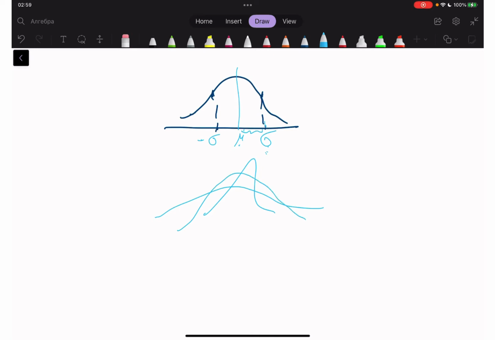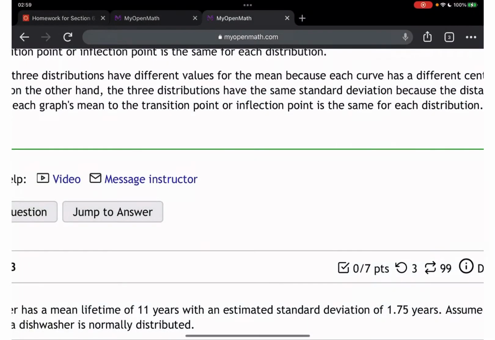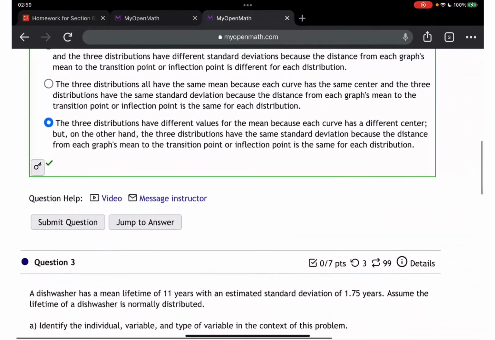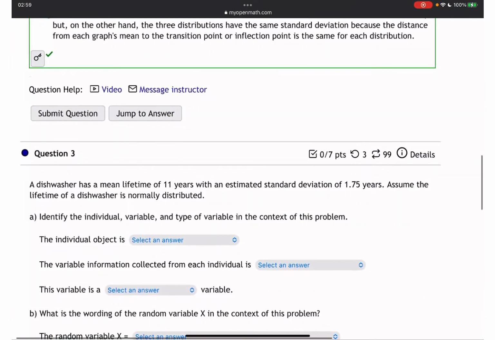In this case, the center is going to be the same, meaning the mean is going to be the same, but the standard deviation is going to be different, right? Okay. So moving to question number 3.